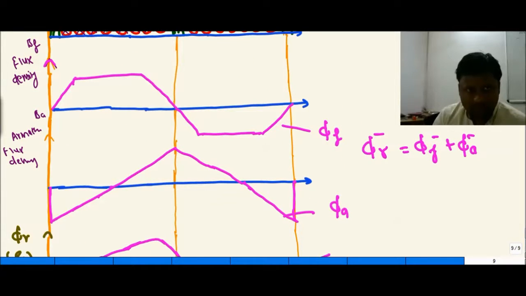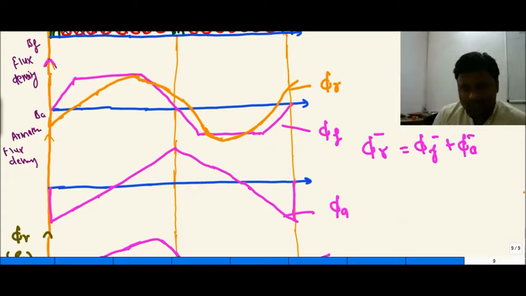So this is the resultant waveform, and it is distorted.